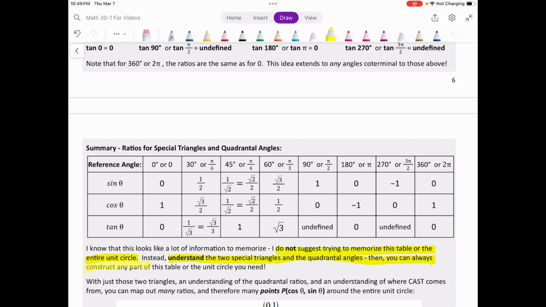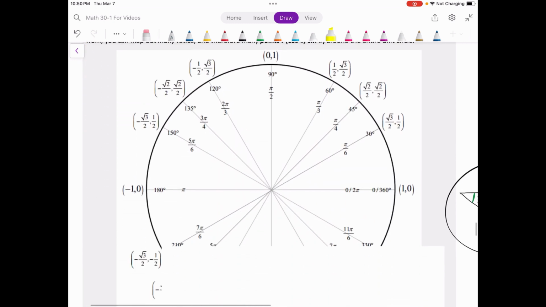And then you can always construct any part of this table or of the unit circle that you need, right? I draw a quick sketch of the angle I'm looking for. I think about the special triangle that will let me think about that ratio, and then I use the CAST stuff to tell me the sign of that ratio, right? So here's everything we just talked about. That is where the unit circle comes from.